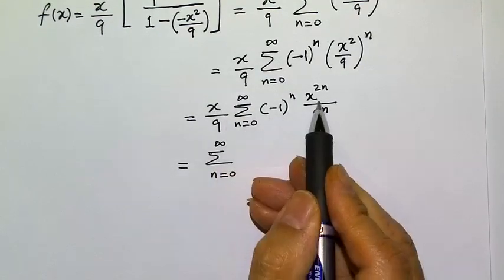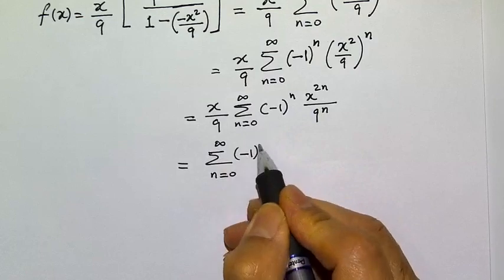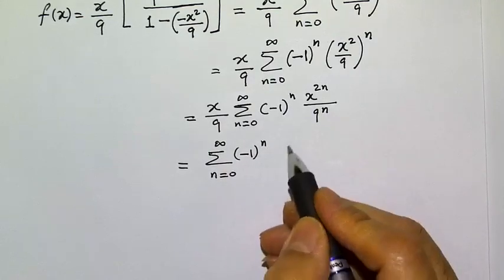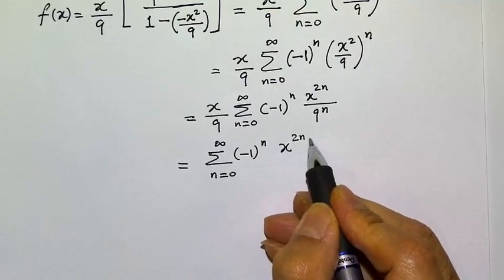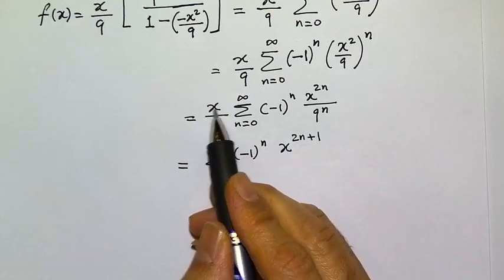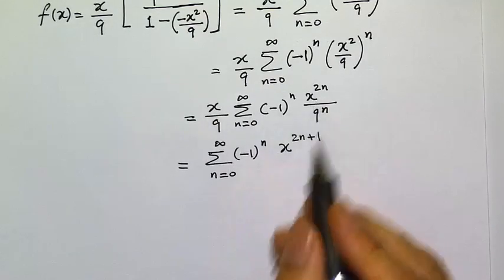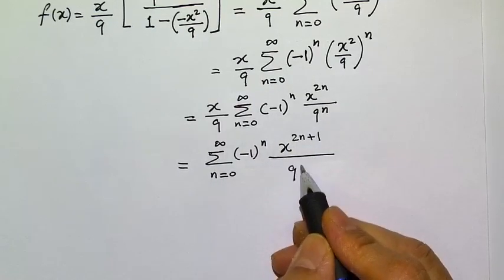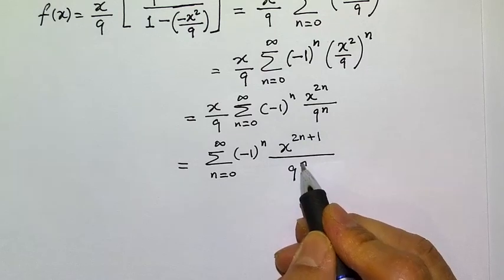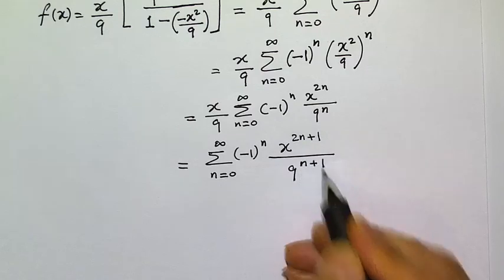I'm distributing this x into that. And let me not forget this term. And then we have x to 2n plus 1, which is the result of distributing this term into that. And of course, 9 can be distributed into that. Instead of 9 to the n, we get 9 to n plus 1 power.